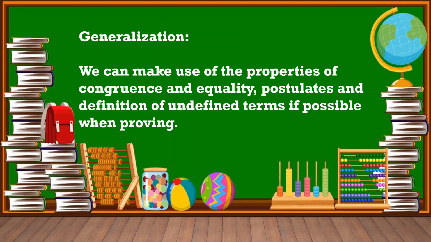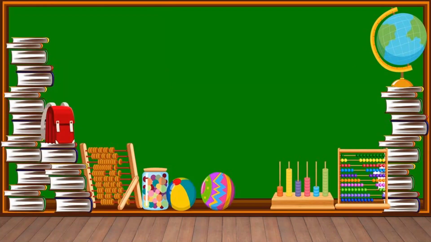Second generalization. Make use of the properties of congruence and equality, postulates and definition of undefined terms if possible when proving. Again, we can make use of the properties of congruence and equality, postulates and definition of undefined terms if possible when proving.